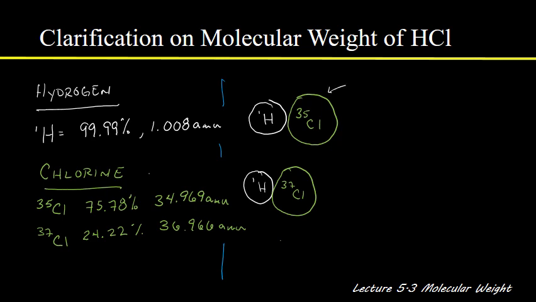So 75.78% will be that type, and they will have a mass. The mass is just going to be the sum of these two. These will have a mass of 35.977 atomic mass units, and about 24% of them are going to be of the second type with a mass of 36.966 AMU.